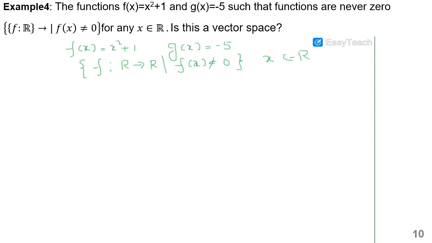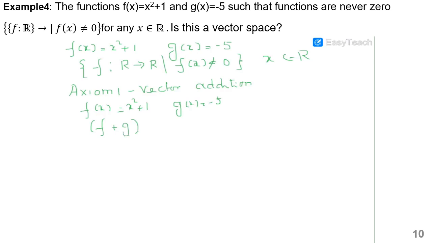So we will apply the first axiom, axiom 1, which is vector addition. f of x is equal to x square plus 1. g of x is given as minus 5. Therefore, f plus g of x.